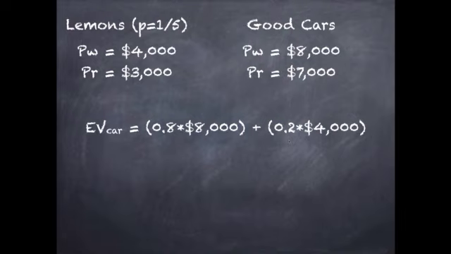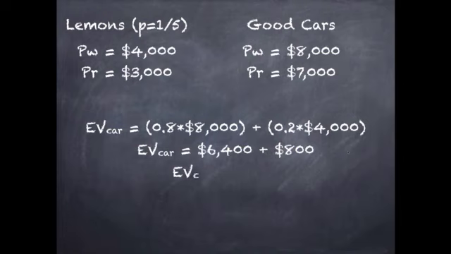And then we have to add to that the lemons, which occur 20% of the time, and they are valued at $4,000. So we get that that's equal to 6,400 plus 800. So the expected value of a car, given these probabilities for the car being a lemon and the willingness to pay for lemons and good cars, is equal to $7,200.